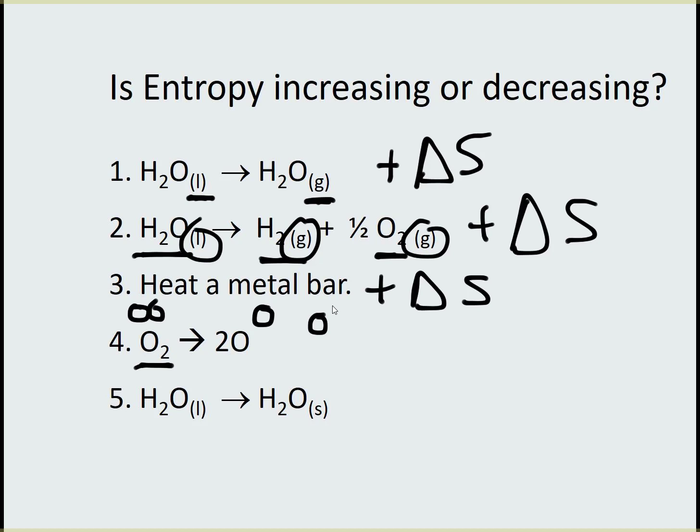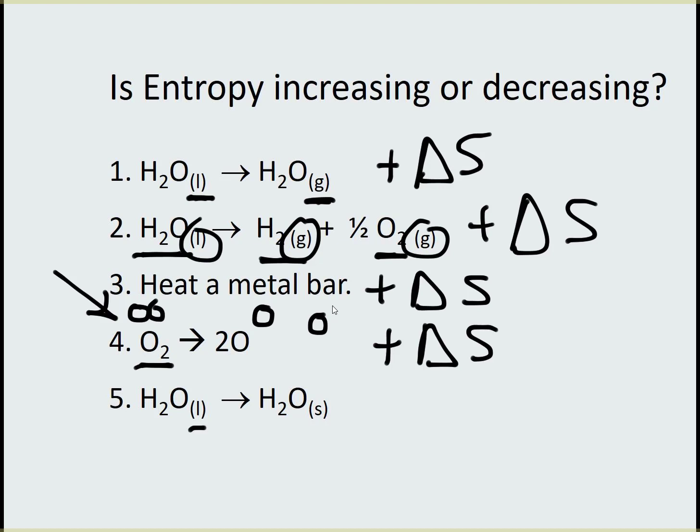So because they're separate, I have more disorder or more probabilities of finding them in different places. When they're stuck together, you're always going to find them together. So they might be moving around the container, but you're always going to find one next to the other. If I separate them, this will increase the disorder because there's more probability of where you might find them. So they might be a little bit closer together, a little bit further away.